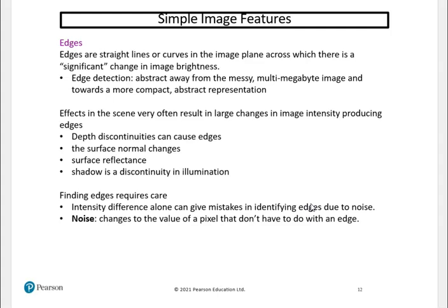So let's start with edges. An edge occurs when there is a big difference in pixel intensity across part of an image. Building representations of edges involves local operations on an image. It doesn't require any knowledge about what's in the image. You're just trying to identify places where the pixel intensity goes from very high to very low or very low to very high.